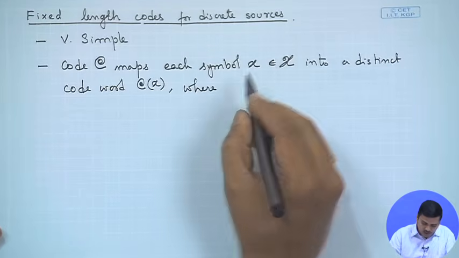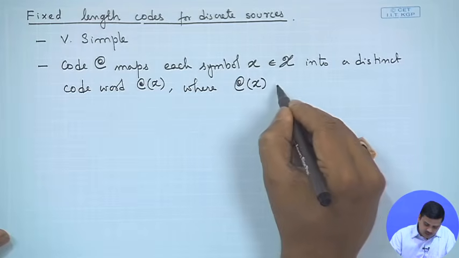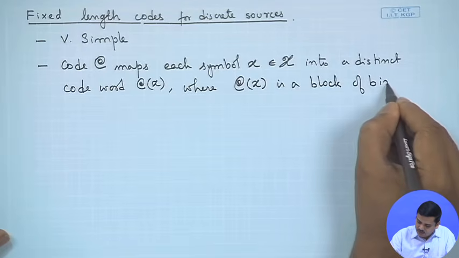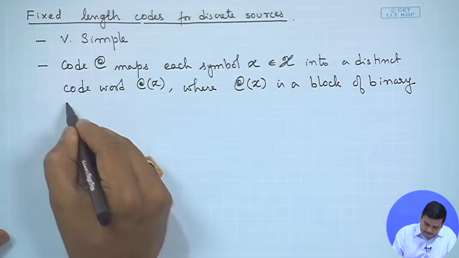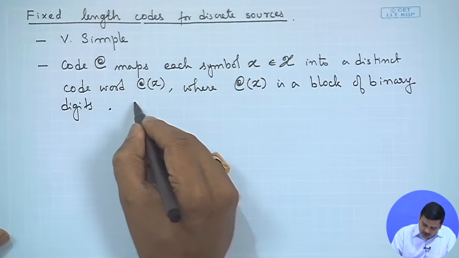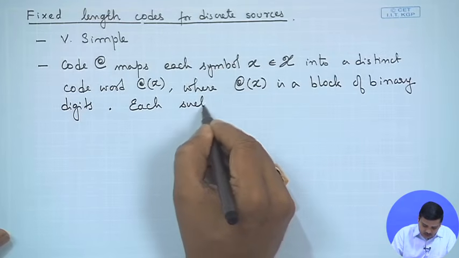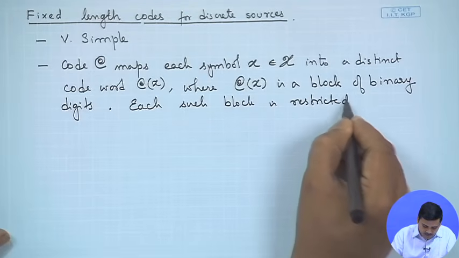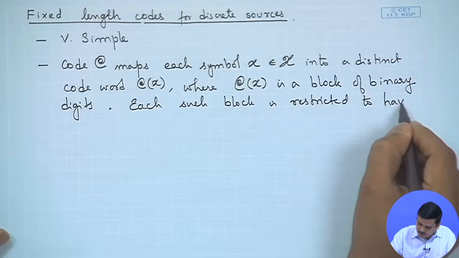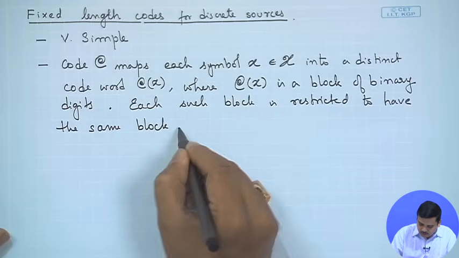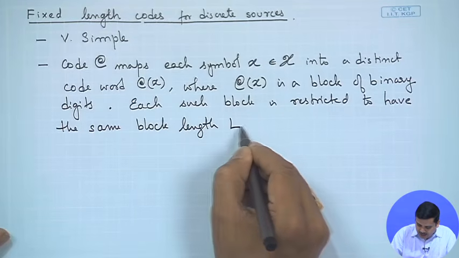Things will be very clear. So C of x is a block of binary digits. Each such block is restricted to have the same block length L. This is important.